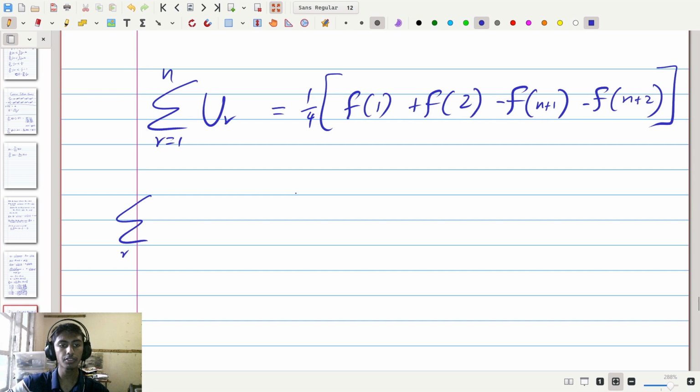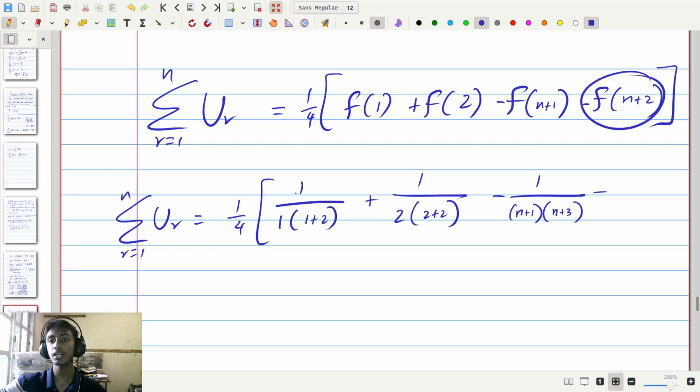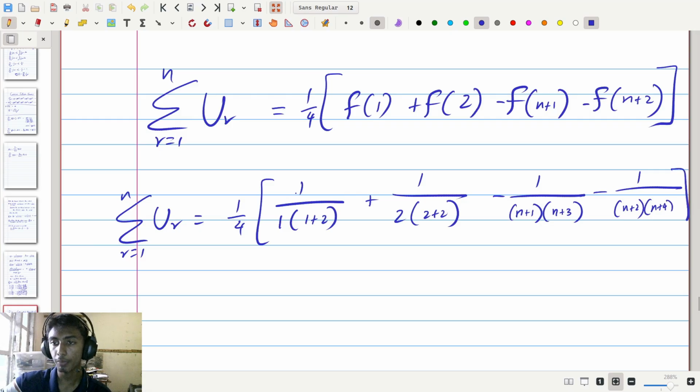Therefore, if we write this down, the sum from r equals 1 up to n of u of r is equal to 1/4 times f of 1, which is going to be 1 divided by 1 times 1 plus 2, and then plus f of 2, which is going to be 1 divided by 2 times 2 plus 2, and then minus f of n plus 1, which is going to be 1 divided by n plus 1 times n plus 1 plus 2, which is n plus 3, and then minus this bit here, which, if you do the math, is going to be 1 divided by n plus 2 times n plus 4, and close bracket.